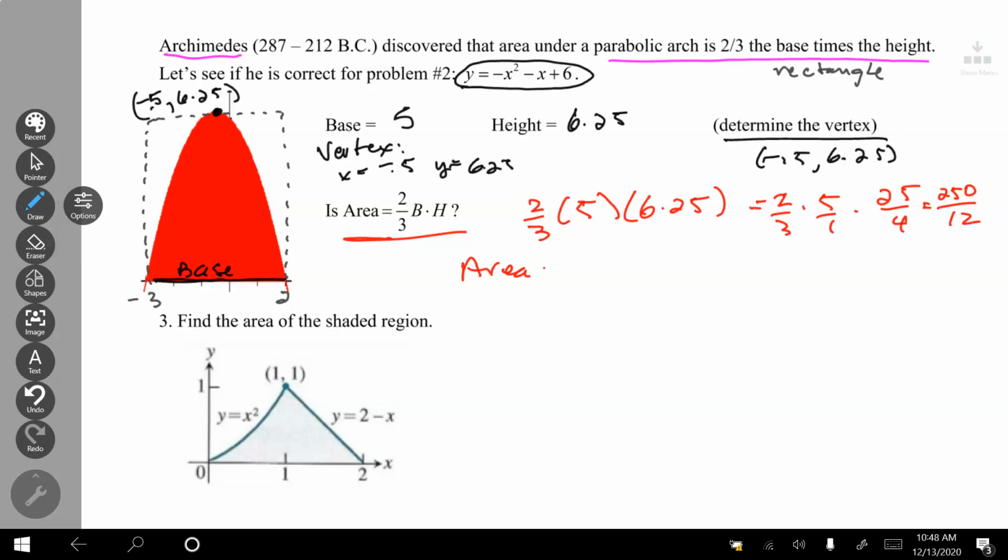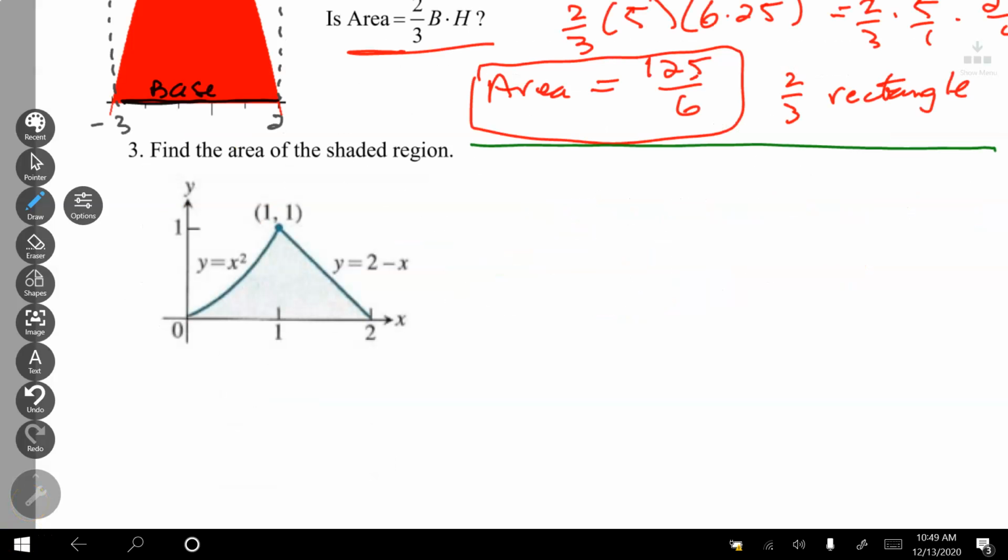So this area, doing Archimedes' little formula, is 125 over 6. And wow, it is exactly the same area. It's 2/3 of that rectangle.